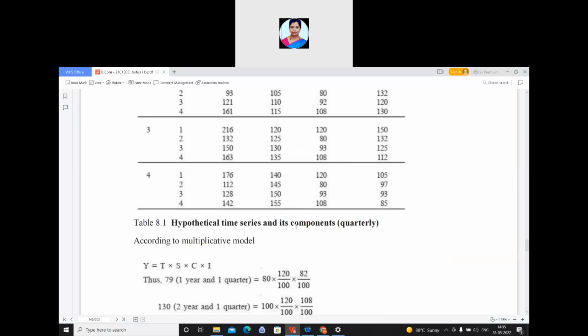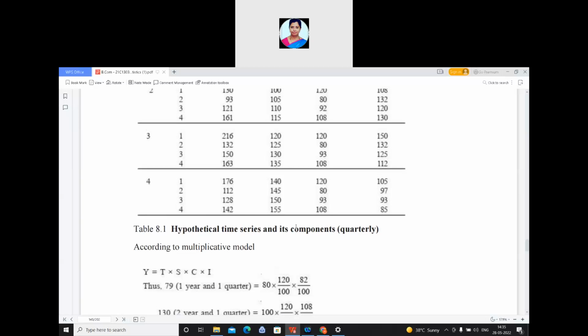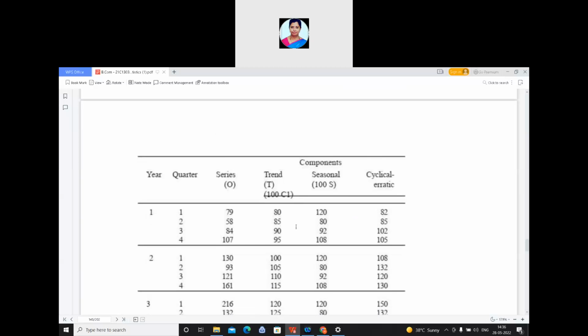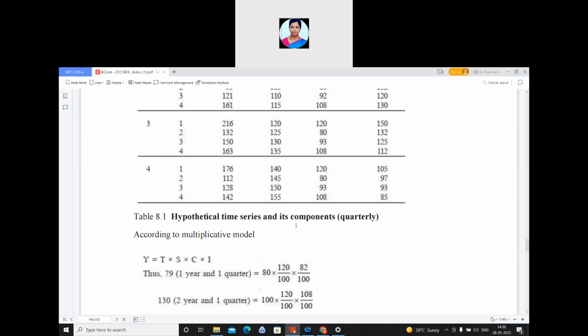That is T into S into C into I. The corresponding T is 80, the corresponding seasonal S is 120, and the cyclical erratic is 82. So 120 divided by 100 into 80 divided by 100. So this is the first thing.